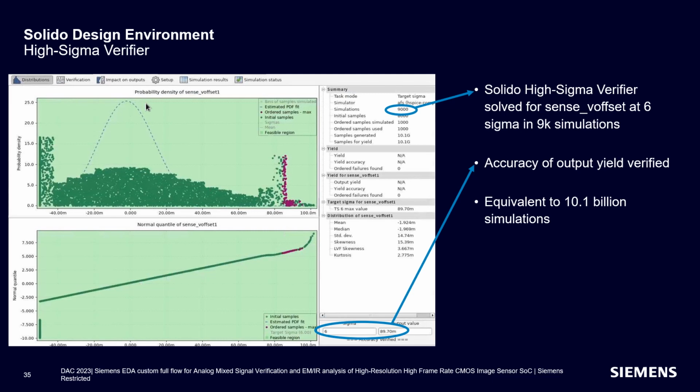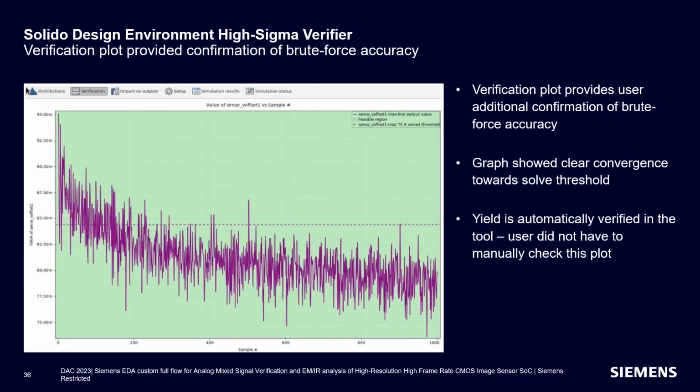With just 9,000 simulation runs, we were able to accurately predict a 90 millivolts 6 sigma offset voltage, which would be equivalent to running 10 billion brute force simulations. Another extremely useful feature of the Solido high sigma verifier is that it generates a verification plot confirming that the same level of accuracy was achieved as brute force Monte Carlo run. This is as shown in the graph here.